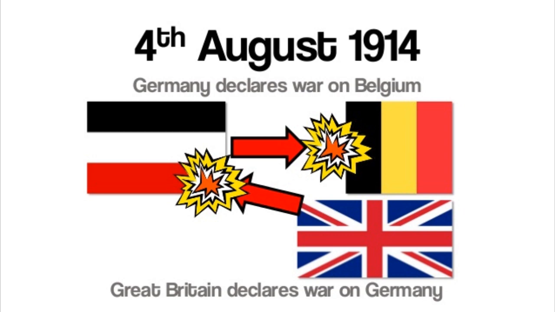Belgium was a neutral country, which means the European countries, maybe most of them, including Germany, all agreed that in times of peace or war, Belgium would stay neutral. Now Germany invaded Belgium and indeed violated the treaty.